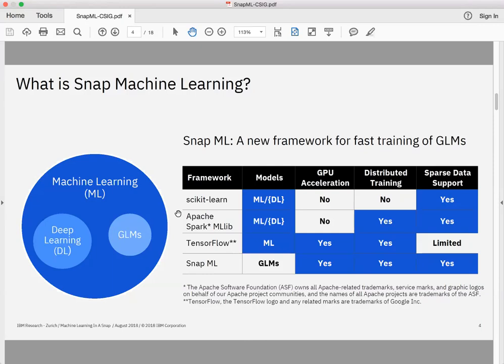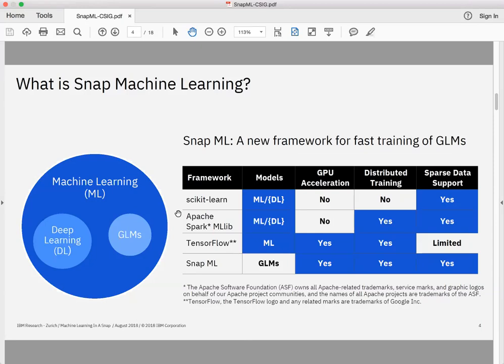When we look at what's out there, we have scikit-learn, which is a Python framework for machine learning. It doesn't really do deep learning. It doesn't have any GPU acceleration. It doesn't do distributed training, but it does have excellent support for sparse data.